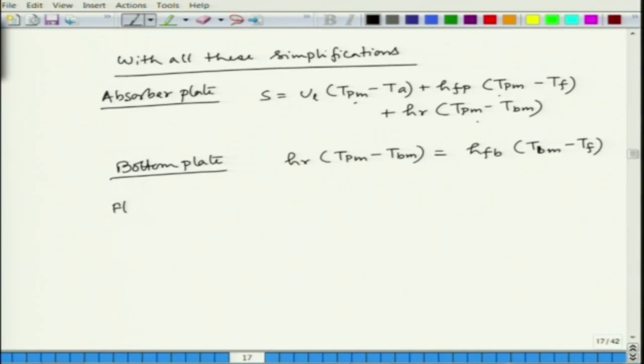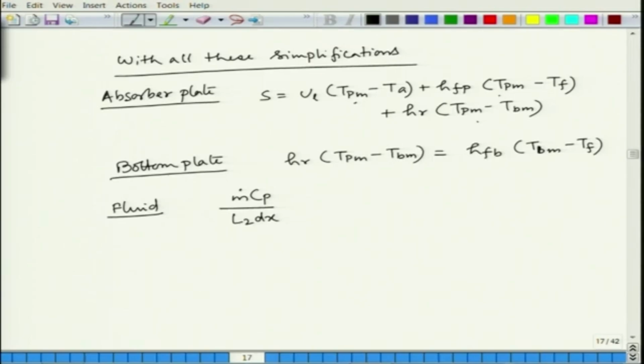And for the fluid also we need to relook at the balance equation. Here we cannot get rid of this L2 and dx.